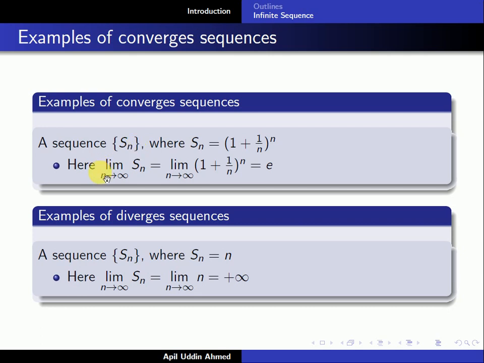Here we consider another example. We consider a sequence Sn where Sn equals this one, and if we take this limiting value, then the value will be infinity. That means this is not a finite value. That means the sequence is not convergent. That means this sequence is a divergent sequence.